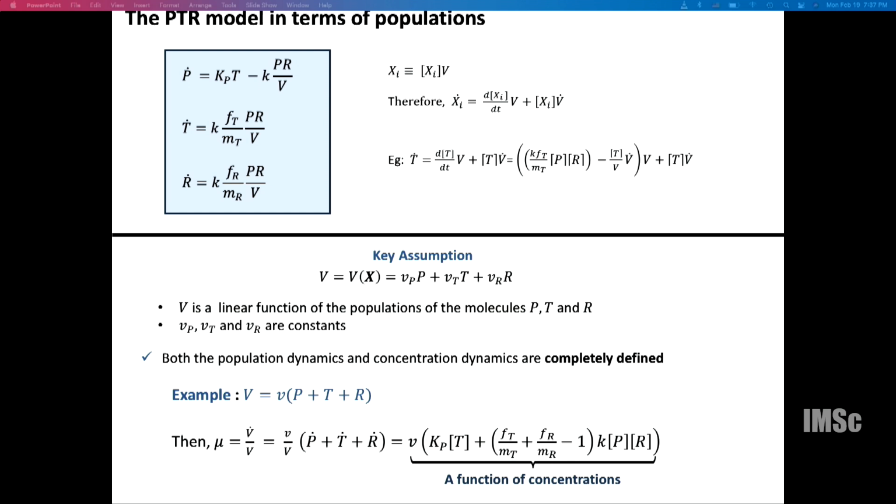We specify V to depend upon the populations. So, depending upon how much stuff there is inside the cell, the amino acid molecules, the transporters, the ribosomes, etc., the volume of the cell will depend upon that, because as these numbers grow, osmosis will drive water into the cell, because the concentration of water will have declined.